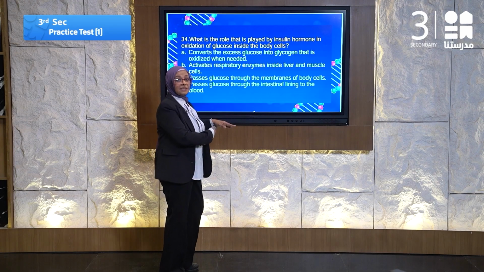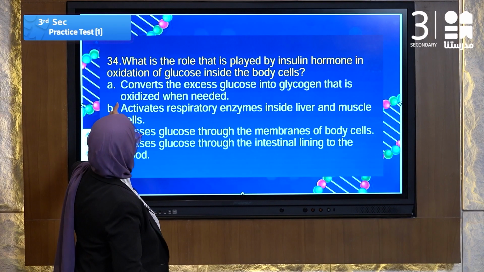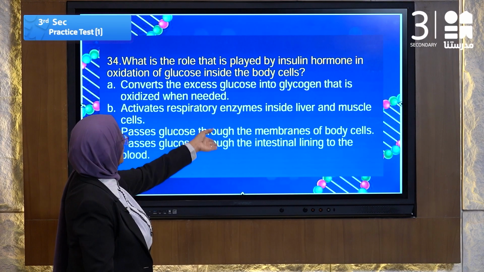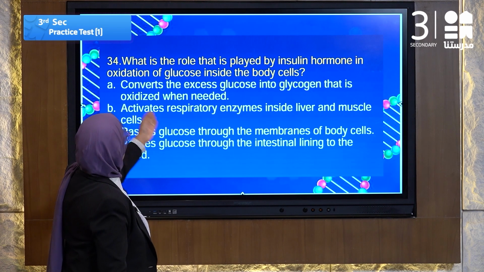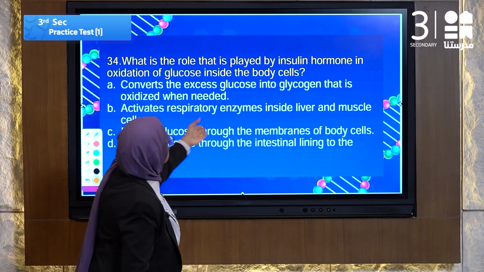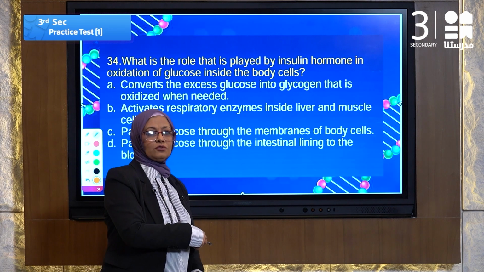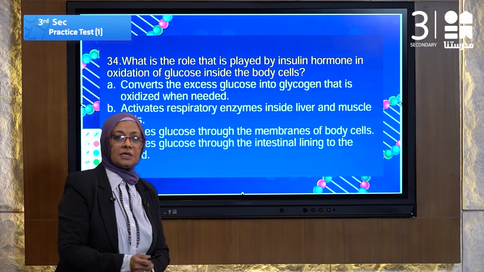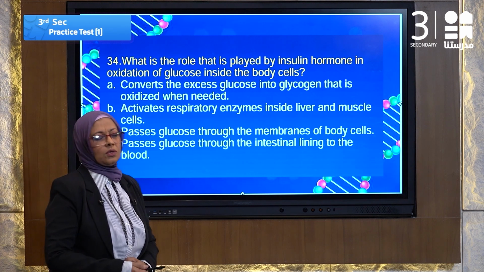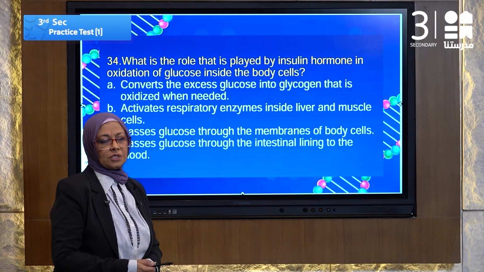Let's read question 34: what is the role played by insulin hormone in oxidation of glucose inside the body cell? Yes, insulin has many functions, and one of them is to oxidize glucose and make energy.